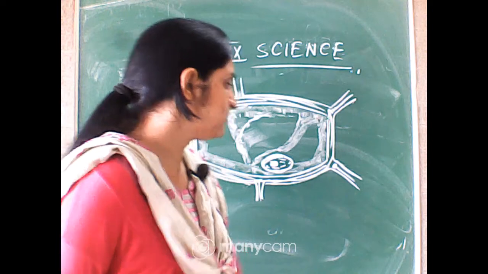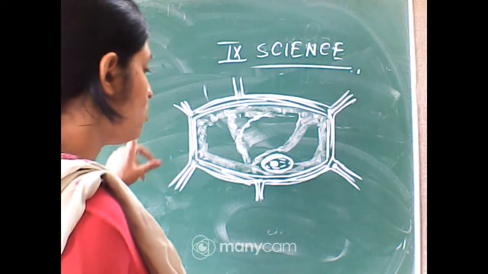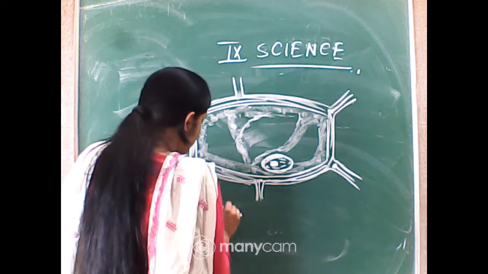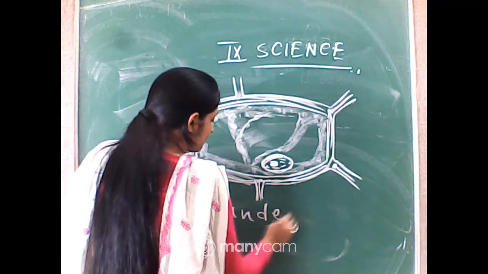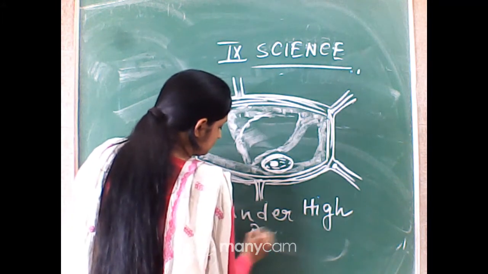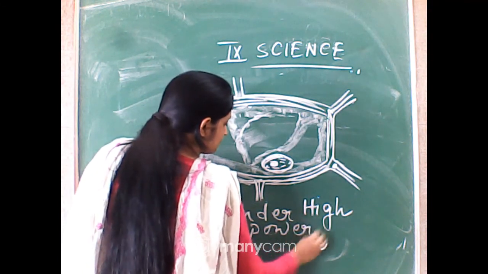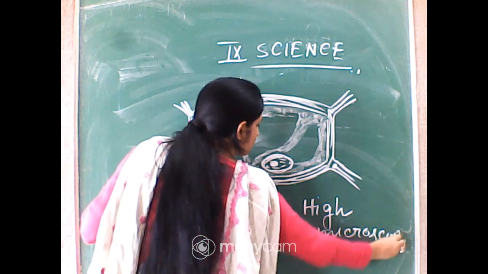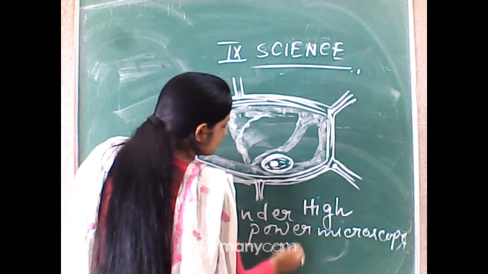This is only one cell under the high power of the microscope, the onion peel cell.